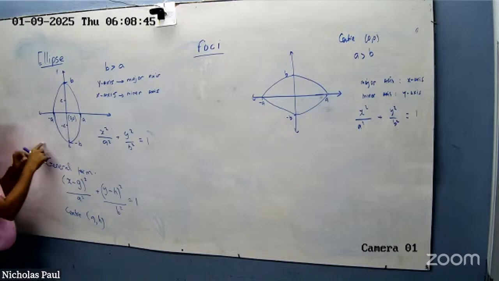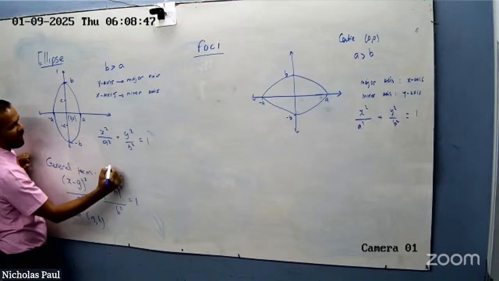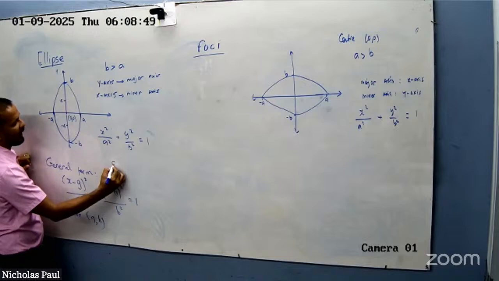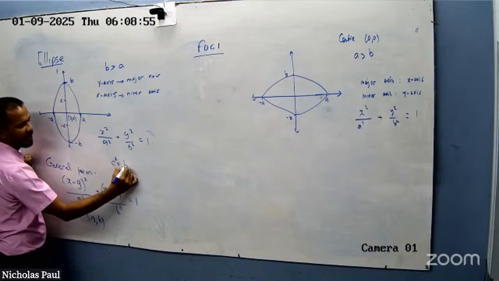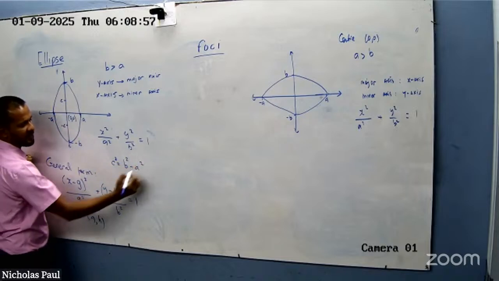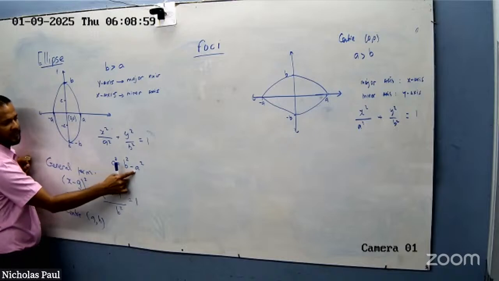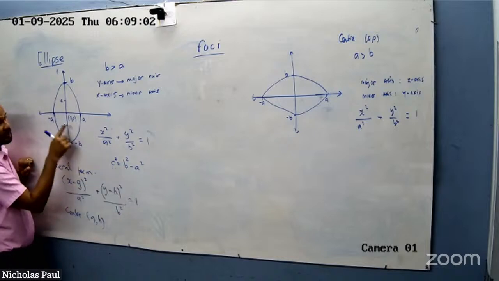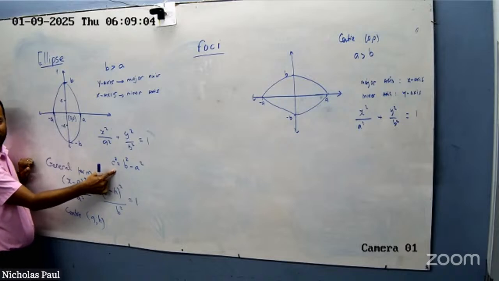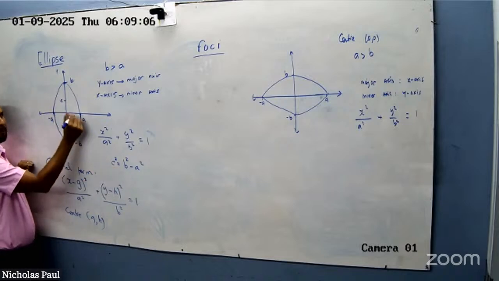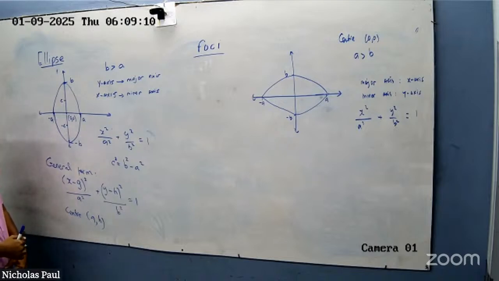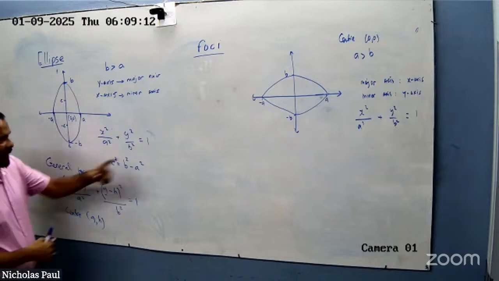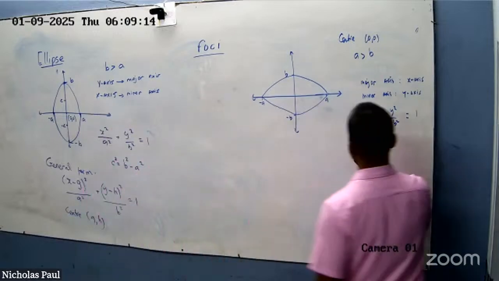How to find the foci? c is, in this case, b is larger than a, so c squared is b squared minus a squared. To find c using this formula, you can set up a little Pythagoras theorem and work it out. And here, what do you think c squared is?